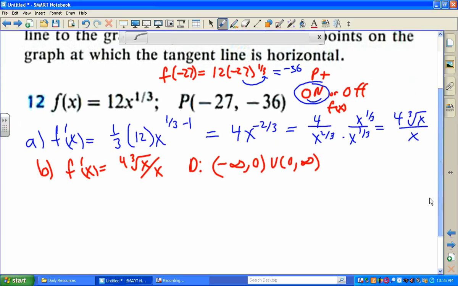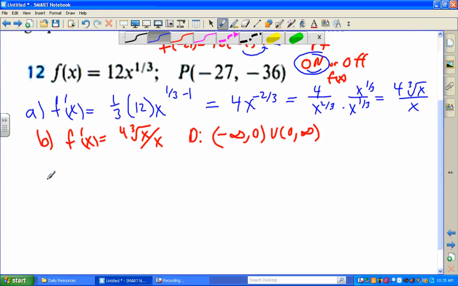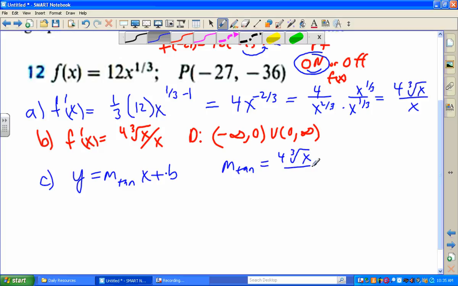We're very, very happy. So for part C, y equals the slope of the tangent line times x plus b. The slope of the tangent line is equal to 4 times the cube root of x divided by x. And that equals my derivative.